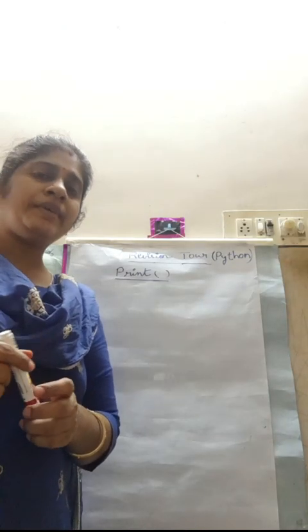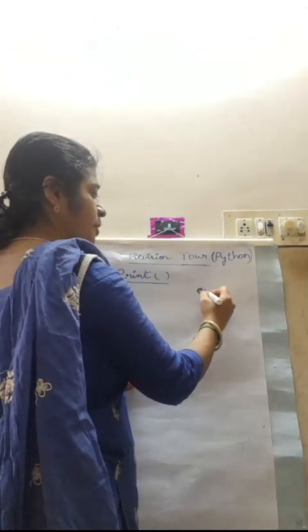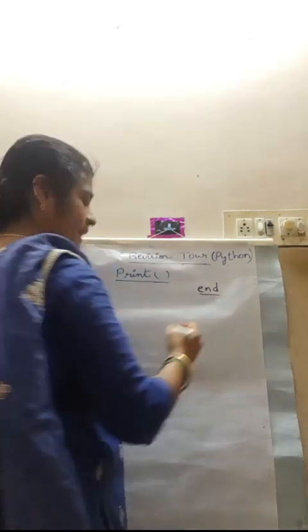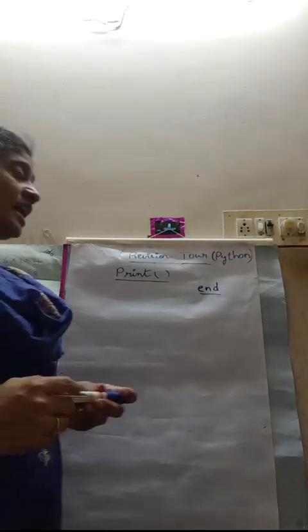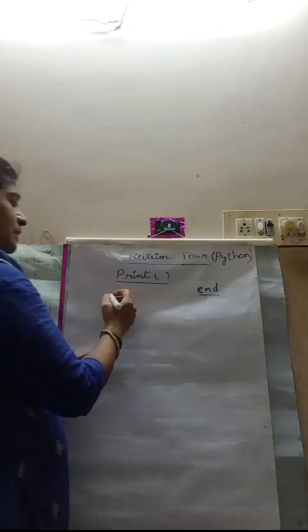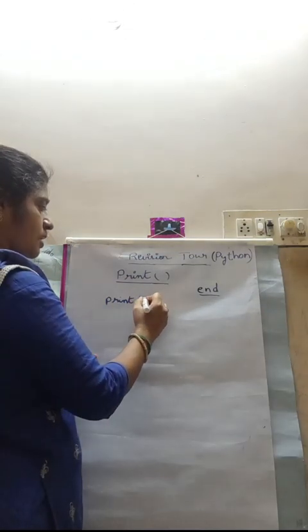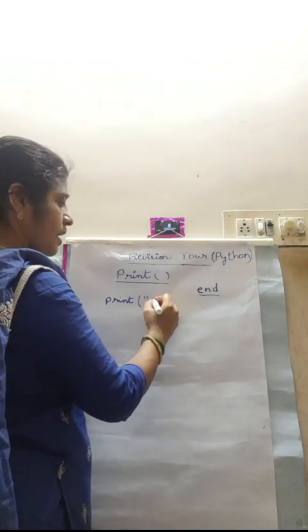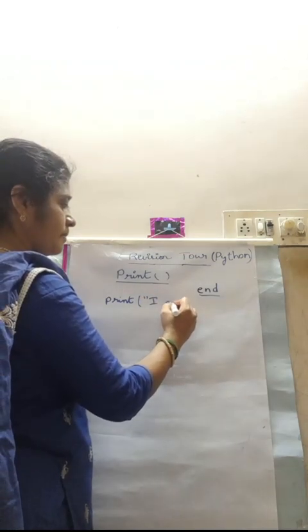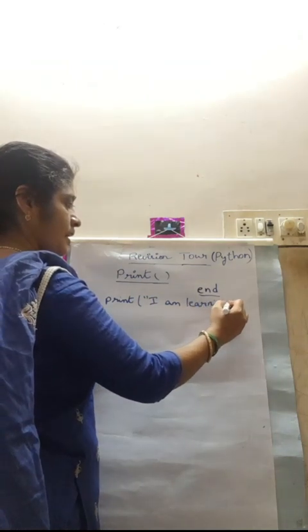Okay, now we will see the end argument. We have seen the separator argument. Now we will see how to use the end argument in print. Suppose I write 2 statements like this. Print I am learning Python.